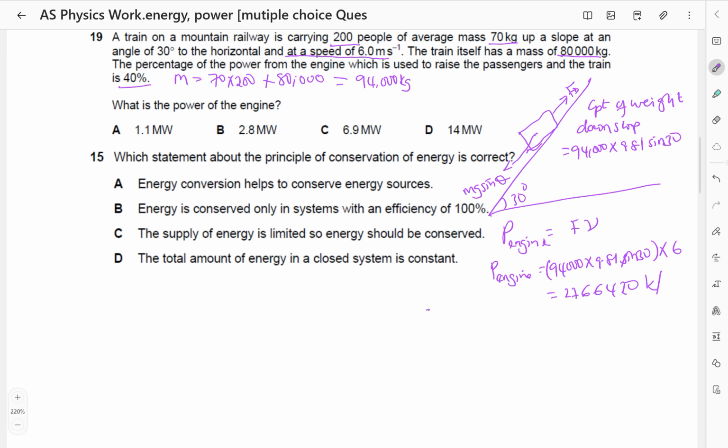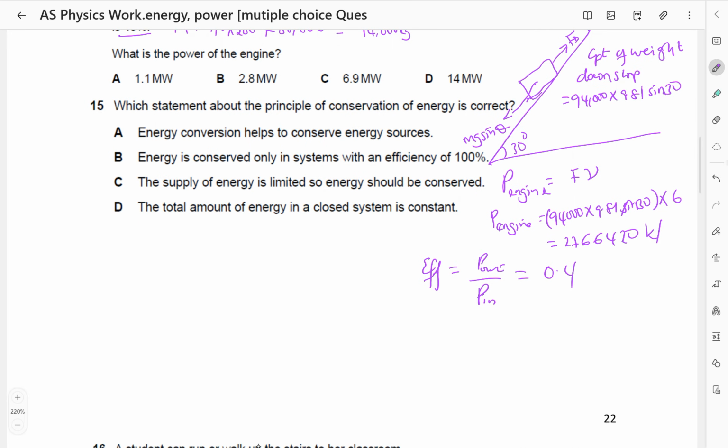So let's now find the efficiency. Efficiency is going to be the power output over the power input. So we now want to find the power input. So this is equal to 40%, which is 0.4. What is the power of the engine? No, this was the power output.